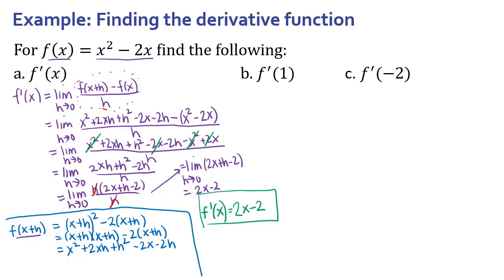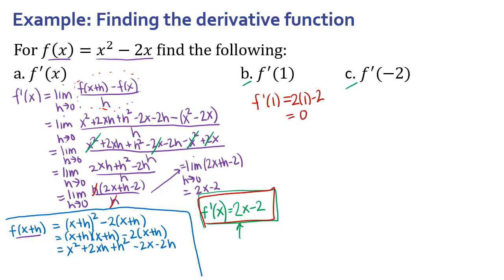What's great about doing this is that now that I have a formula, I can easily go through and find the rate of change at specific x values really quickly, because all I have to do is use this formula. So f prime of 1 is 2 times 1 minus 2, so I get 0.